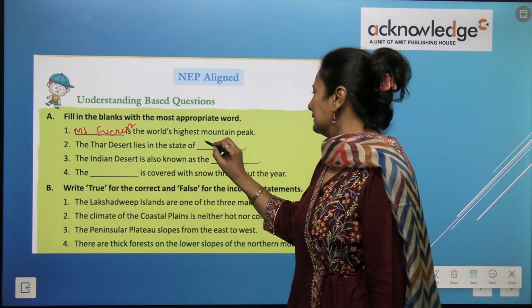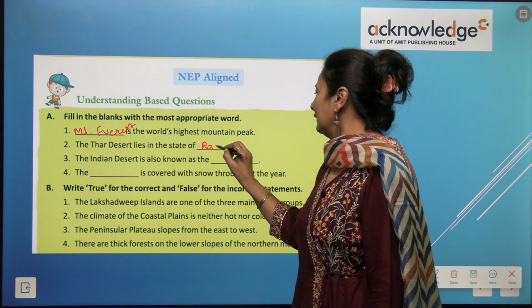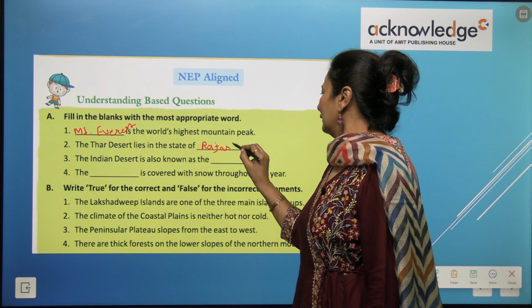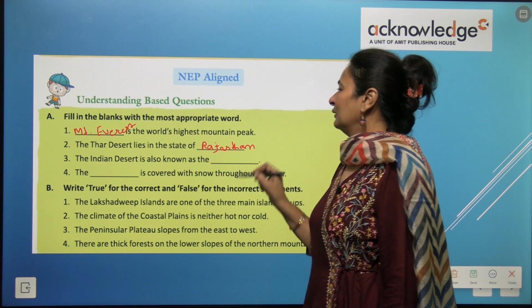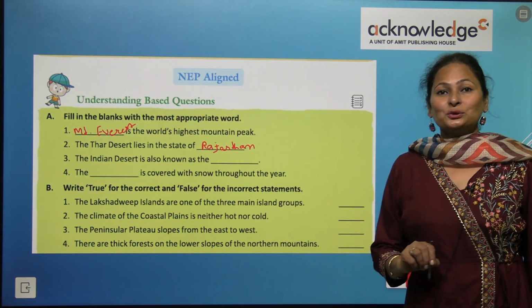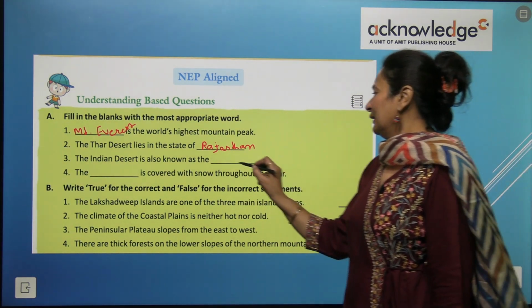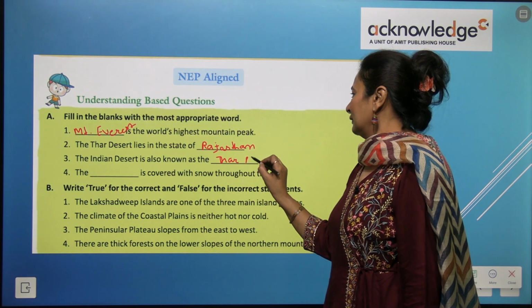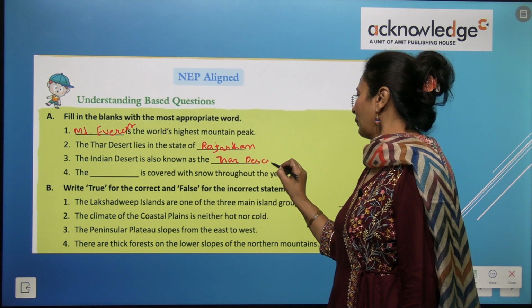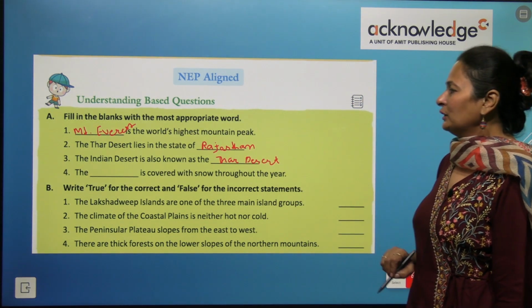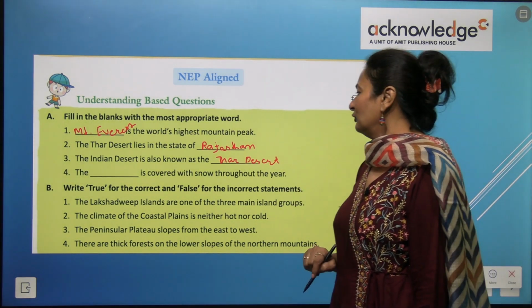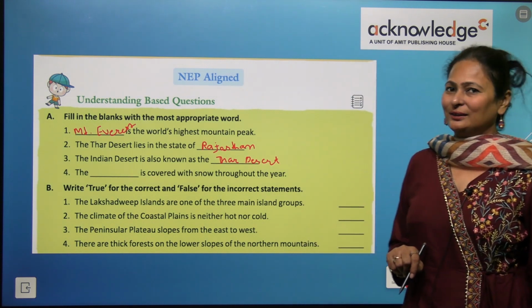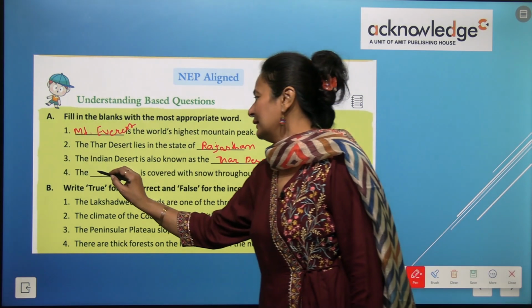Very good answers. It is Rajasthan. The Indian desert is also known as the Thar Desert. And the fourth is the dash is covered with snow throughout the year. It is Himalayas.